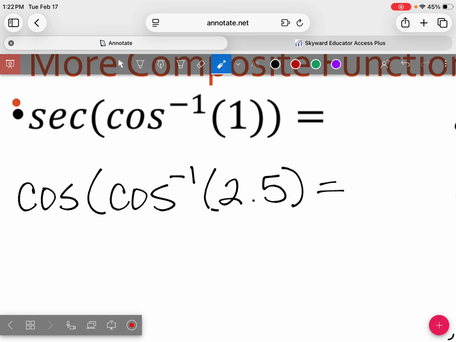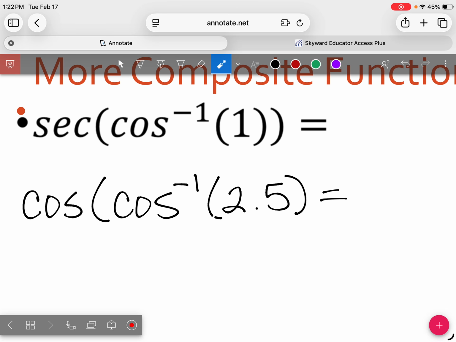What angle has a cosine of +1? And that's 0. 0 radians. So what is the secant of 0? Well, if the cosine of 0 is 1, the secant of 0 is also 1. So my final answer is 1.